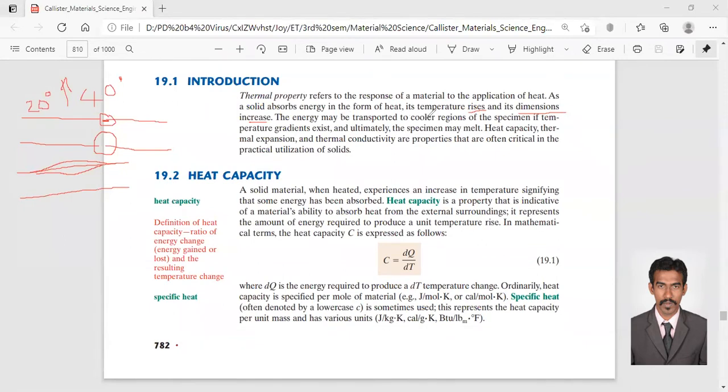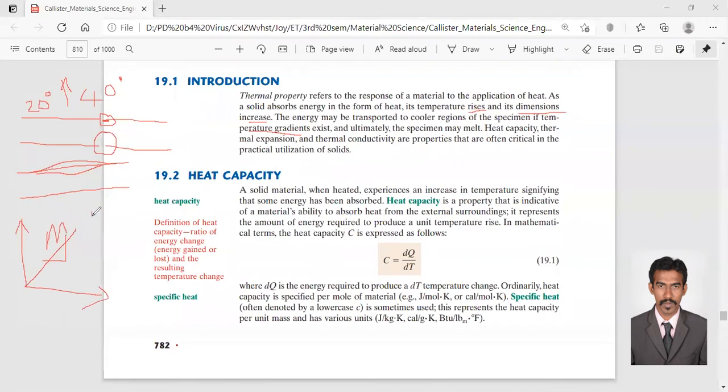The energy may be transported to cooler regions of the specimen if temperature gradients exist, and ultimately the specimen may melt. The word temperature gradient means, as in a normal graph, the gradient is the slope of the graph, that is the m.